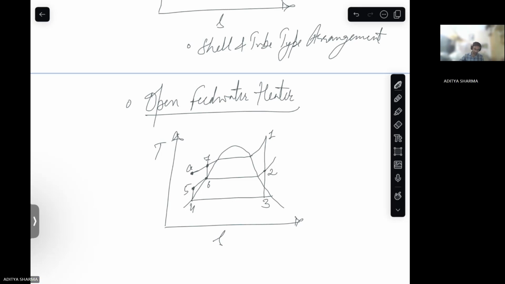If you compare the two cases, one where the feed water heater is used and one where it is not used, if you move from 7 to 7 dash, then if the feed water heater has been used, only the 7 to 7 dash distance we have to cover.